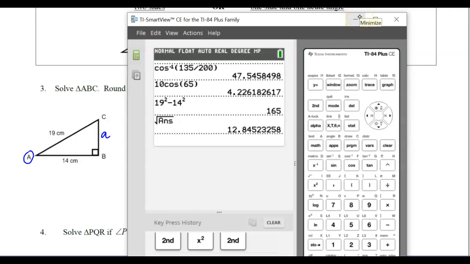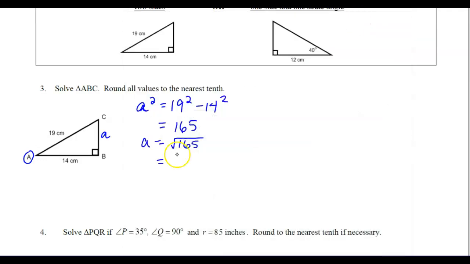Now, I'm going to show more decimal places. It says to round to the nearest tenth, but in case I use that calculation somewhere else, I'm going to write 845, so 12.845. And then I will show it as 12.8. I'll probably summarize in a little chart all the values.